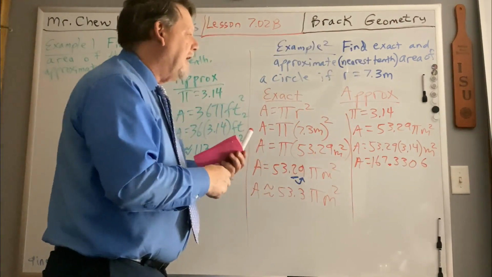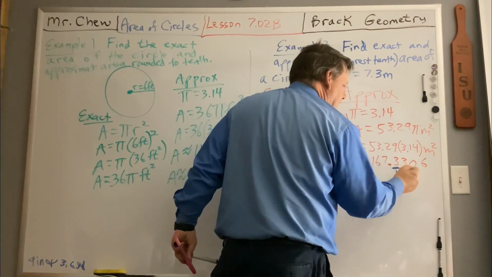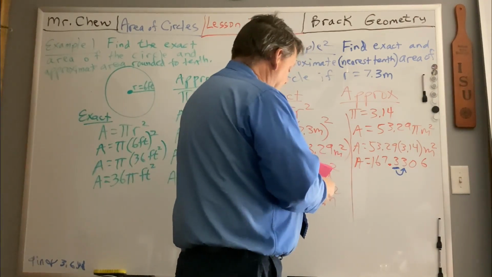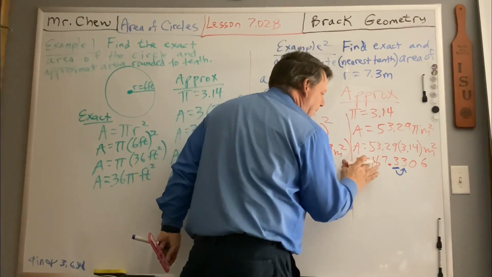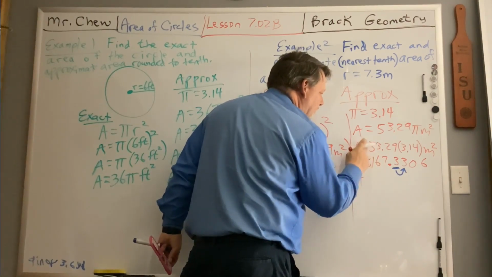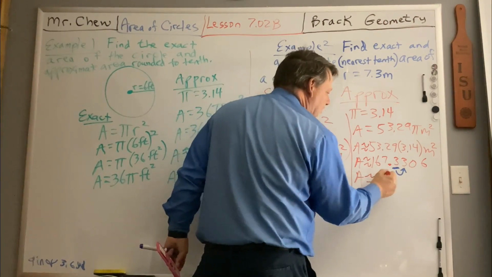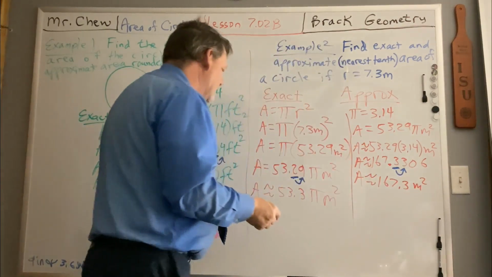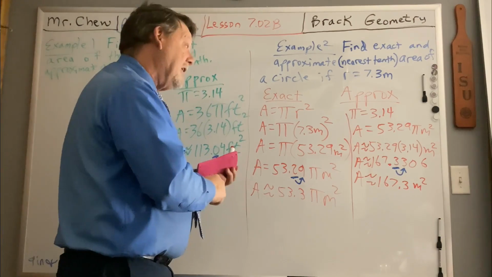Now when we round that to the nearest tenth, I look to the right. Is that 5 or bigger? No. So I leave the 3 that I underlined at 3. And then we would put the double tilde here for approximate, 167.3 meters squared.